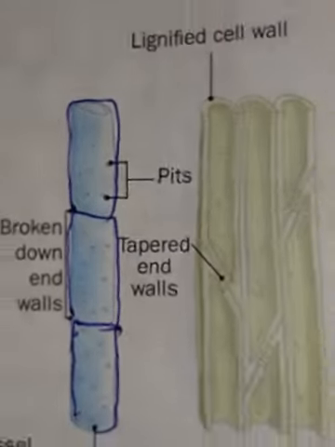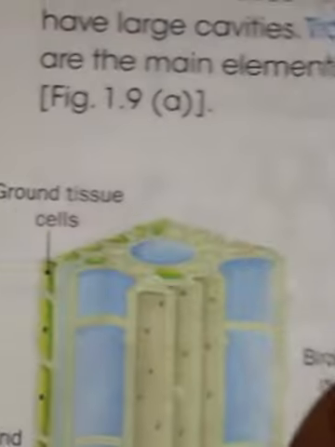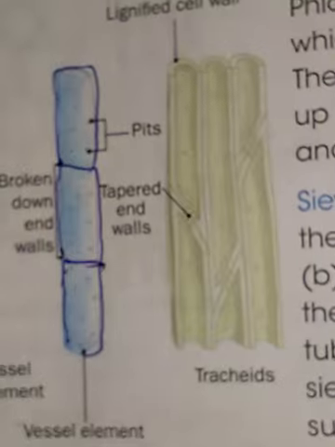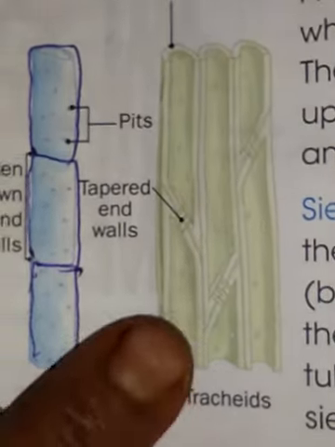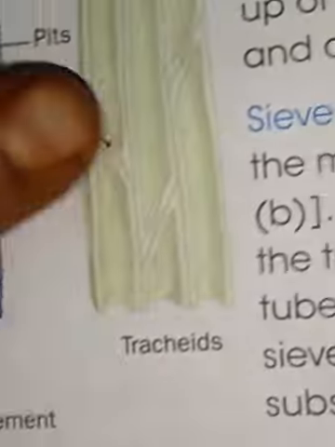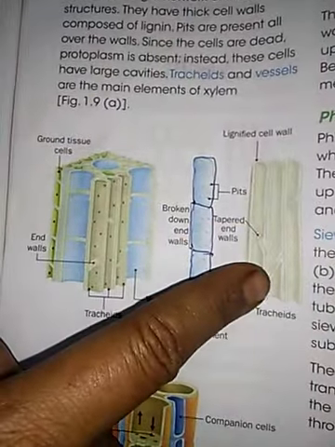Did you know the difference between tracheids and vessels? In the tracheids, there is no segment in the cell wall.